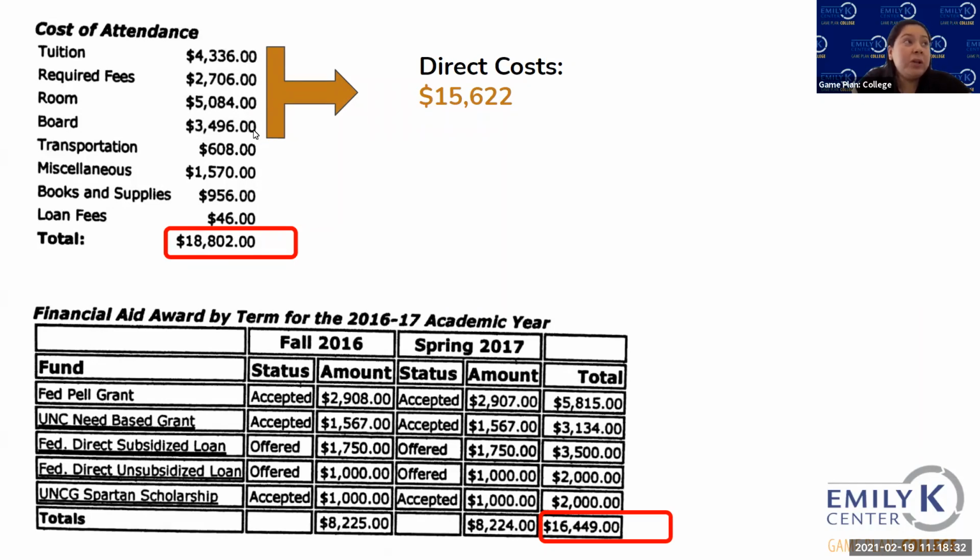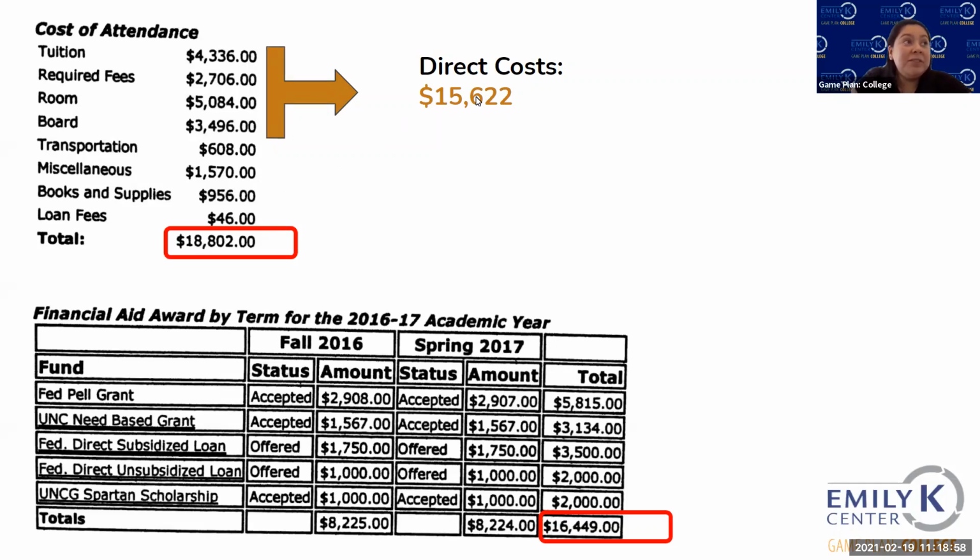So only those 4 things are what you will get charged directly to your school. You will need this other money to pay for other costs as a student in school. For example, you'll need to buy books, or you may need to buy toiletry items, things like that while you're a student, but they will not get billed to you directly.